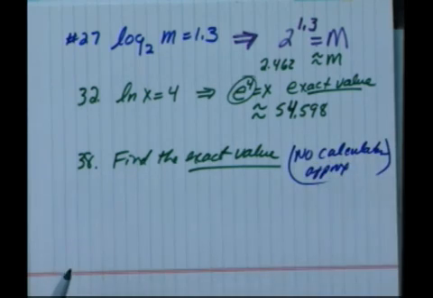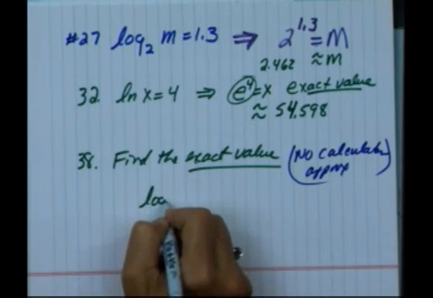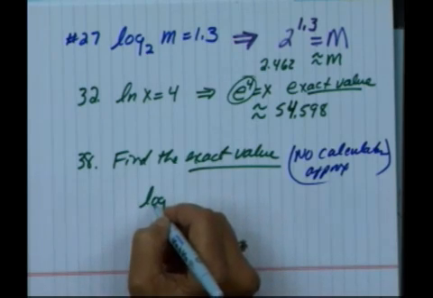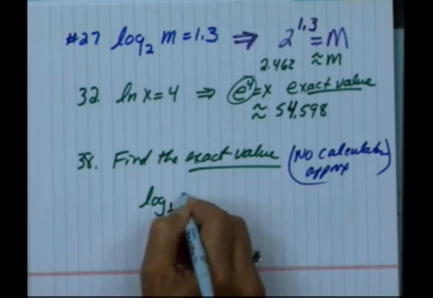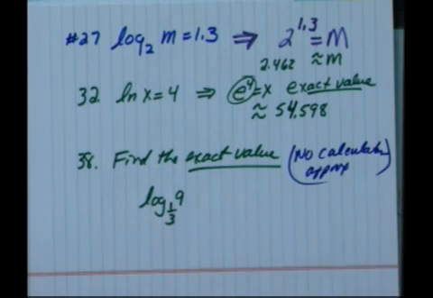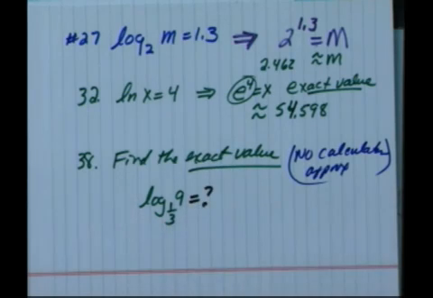Number 38 says, find the exact value of log to the base 1/3 of 9. So we're saying, what is this thing equal to? How are you going to go about figuring out the exact value for this?